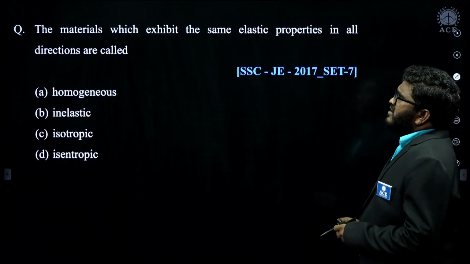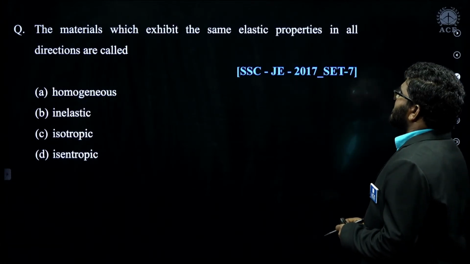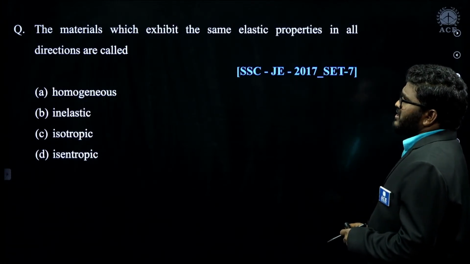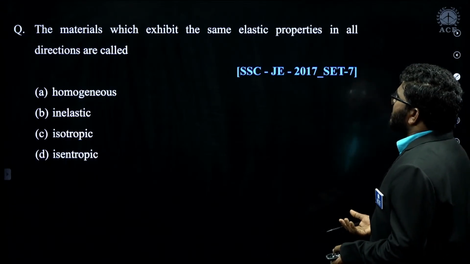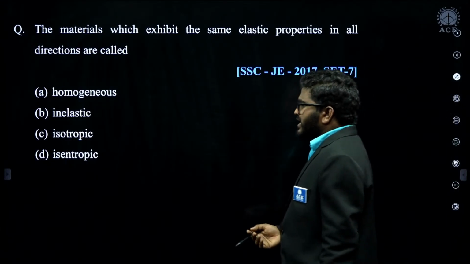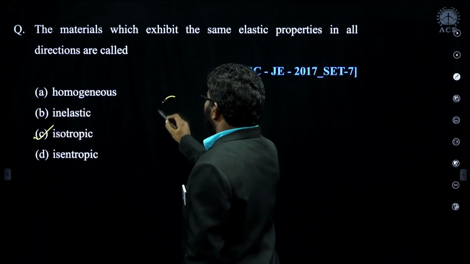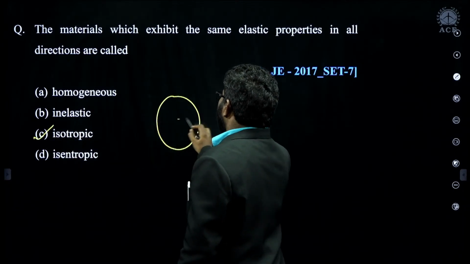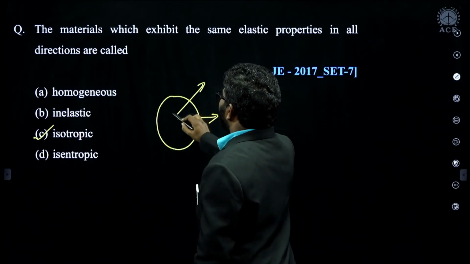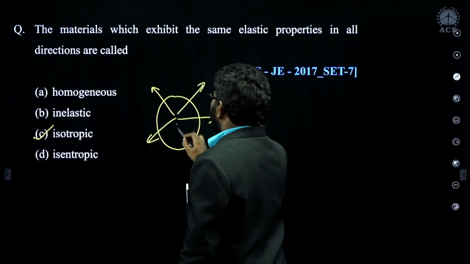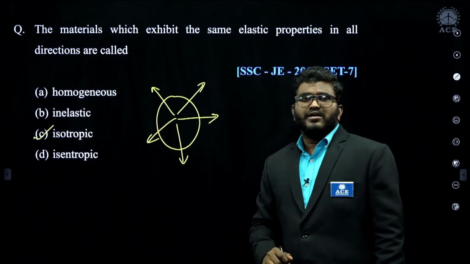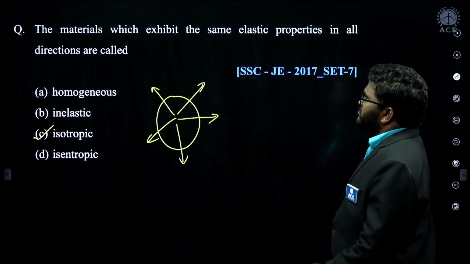Now, the material which exhibits the same elastic properties in all directions, we call it isotropic material. Remember, if the material properties are the same in all directions, we call it isotropic material. C is the correct answer.